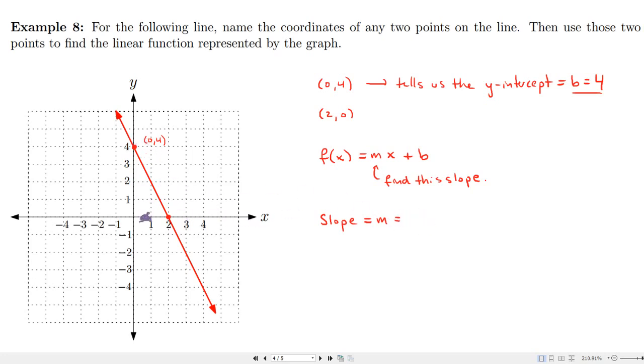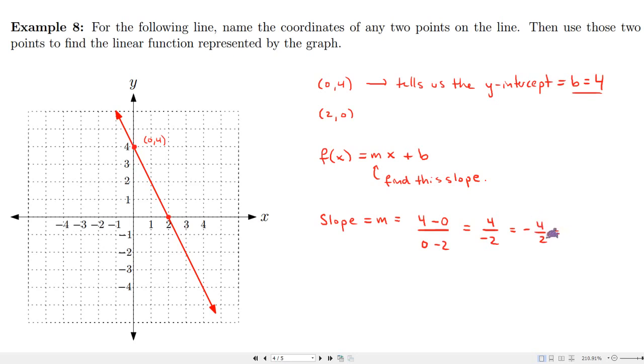Now you could actually figure out the slope graphically. We see that the rise is -4 and the run is positive 2. But let's see if that calculation matches up with our chosen points here. So if we do 4 minus 0 over 0 minus 2, then we get 4 over -2, which is the same as -4 over 2.